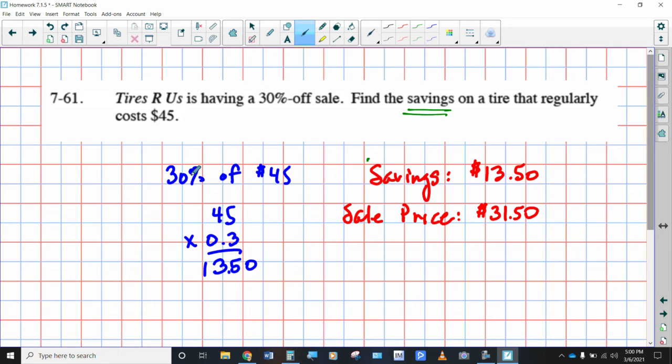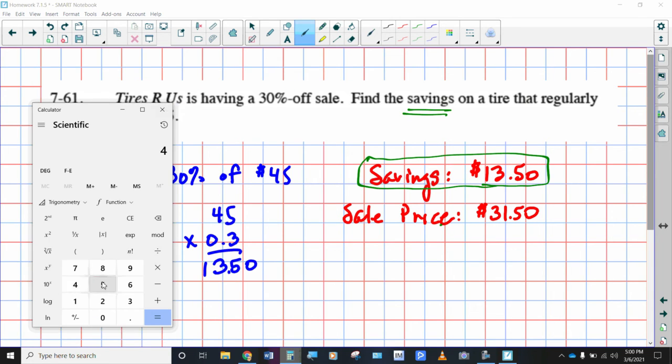So 30% of $45 is 0.3 or 0.30, right? 30 hundredths, but we'll just call it 3/10 times 45 ends up being $13.50. So that is the correct answer. That is the amount of the savings. But if you want to figure out the sale price, you take $45 and subtract away 45 minus $13.50. That is the sale price.